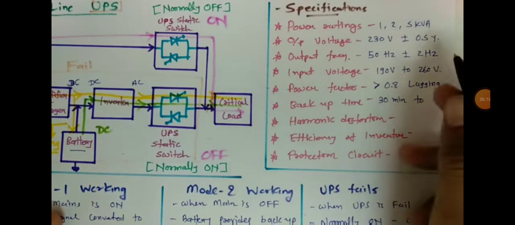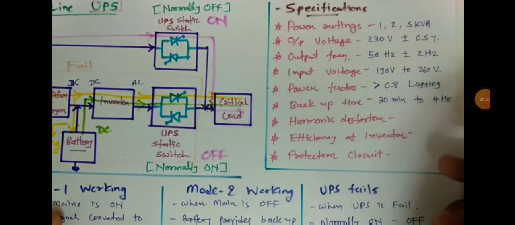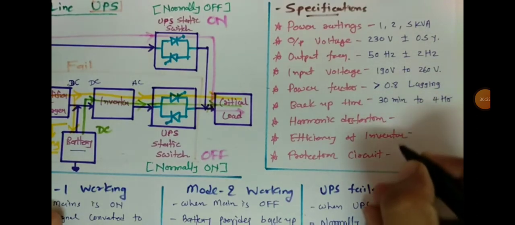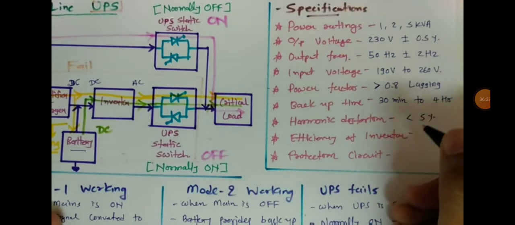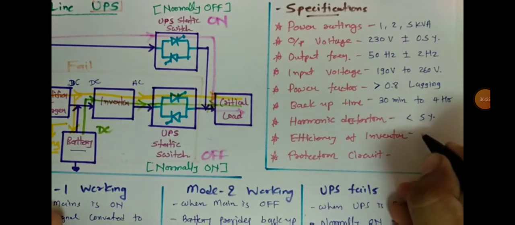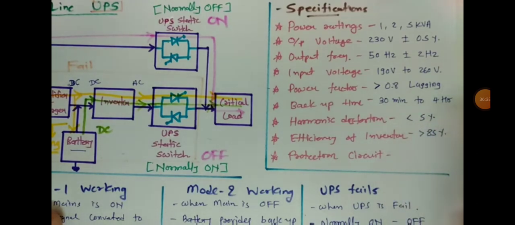Harmonic distortion is available at less than 5%. Efficiency of this set of UPS is greater than 85%.